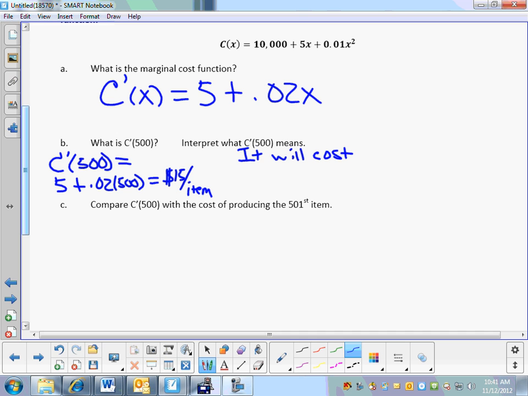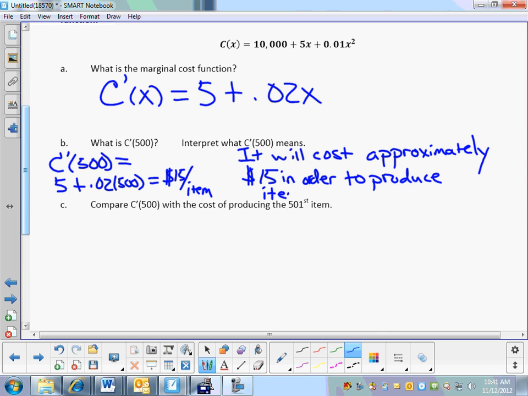What it means is it will cost approximately $15 in order to produce item number 501. That means in order to produce the 501st pair of shoes, it's going to cost about 15 bucks to produce that pair of shoes.